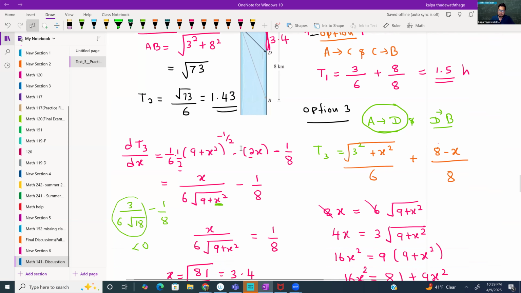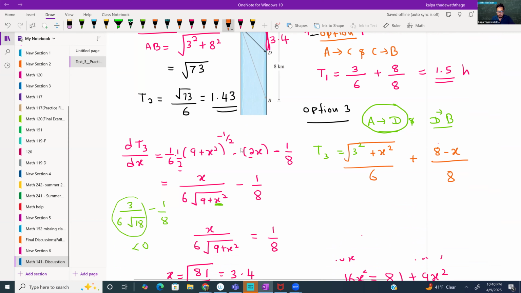And if you plug that number back into T, you can see it's less than both. I'm going to show you because it's very interesting. If you choose that x value, the square root of 81 over 7, the square of that is 81 over 7, and you have 9 plus that, square root, over 6. You can put that number here, plus whatever this number is over 8.